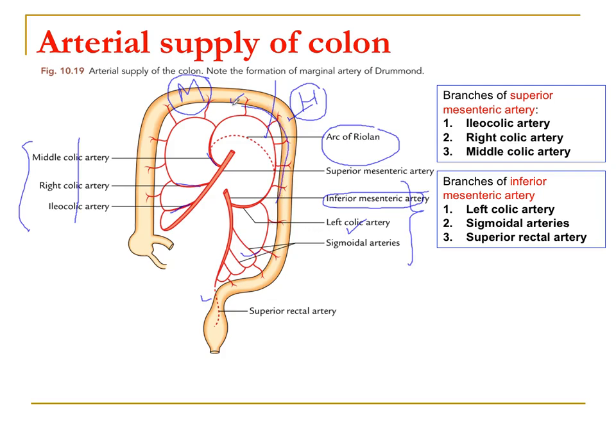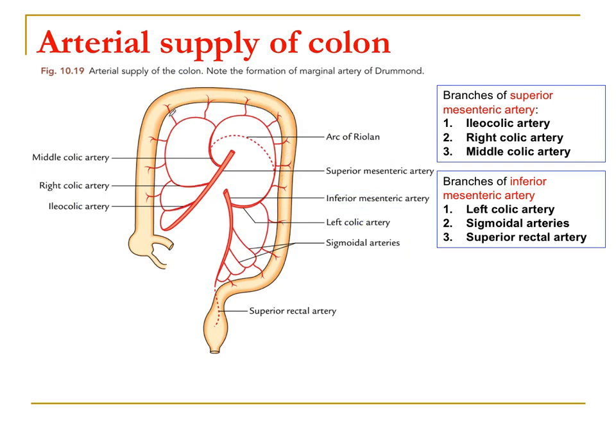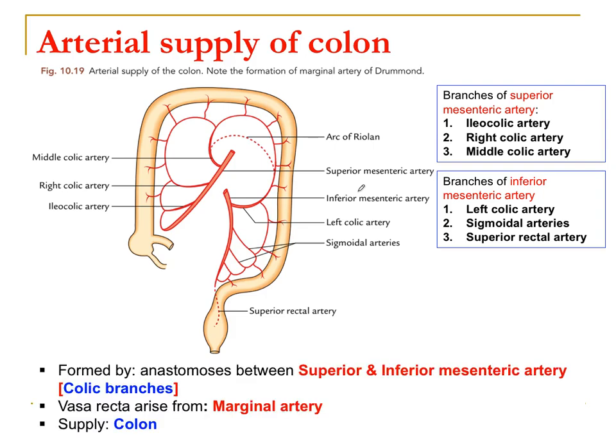These branches are called the marginal arteries, also called the marginal artery of Drummond. It is an anastomosis between the superior and inferior mesenteric arteries, and the vasa recta are the marginal branches. This whole system supplies the colon region.